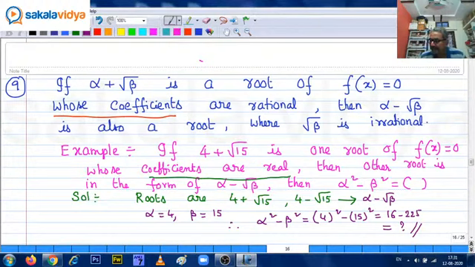Not root 15, beta. I asked beta square, not root beta square. See, root beta becomes root 15. Squaring on both sides, beta becomes 15. I asked alpha square minus beta square, not 16 minus 15. No, 16 minus 225. Check once again.